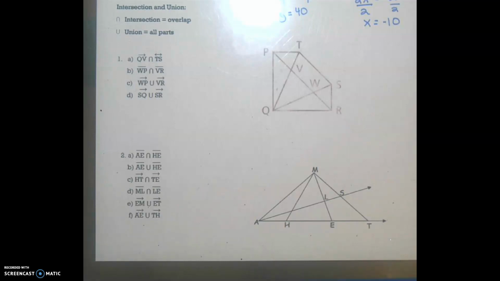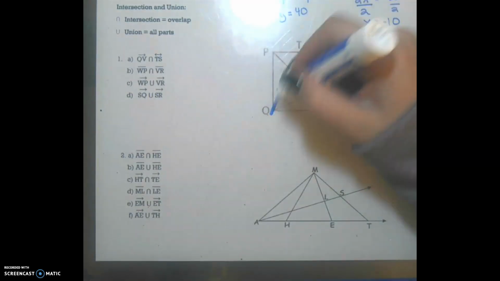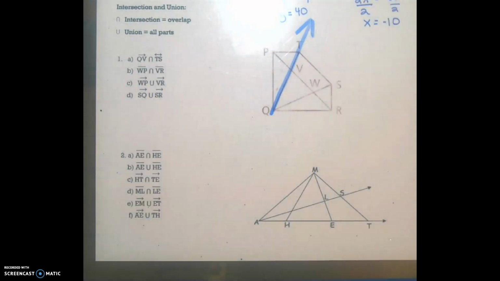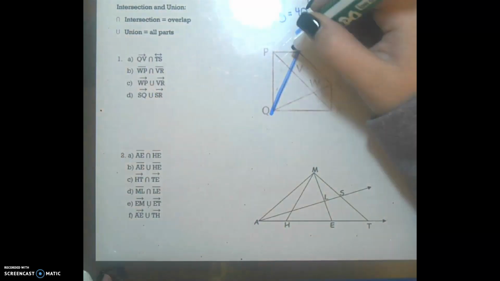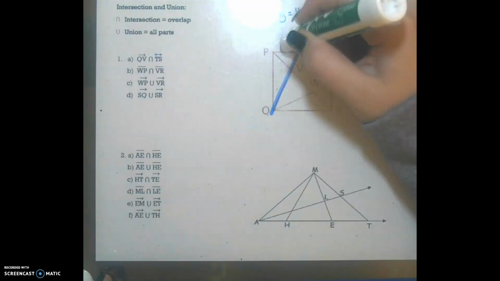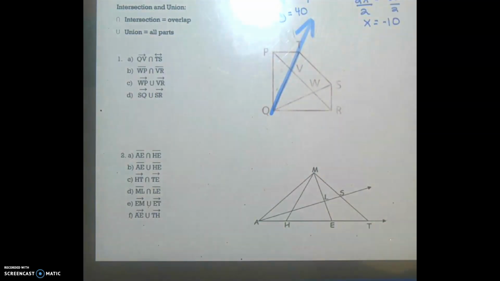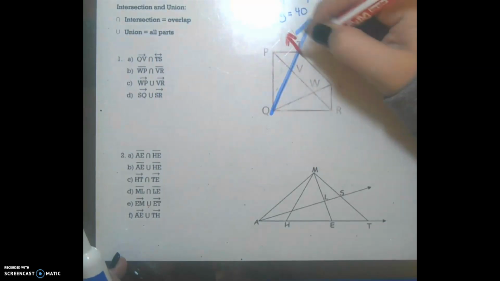Starting with number 1, part A: ray QV, so that goes all the way to there, and line TS. The intersection is what I want to find, the intersection of that line and that ray.